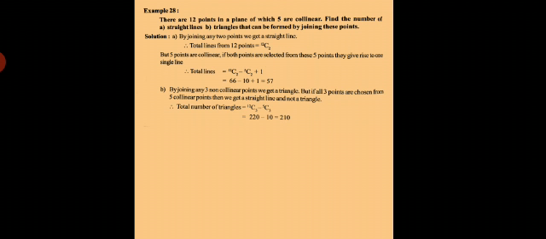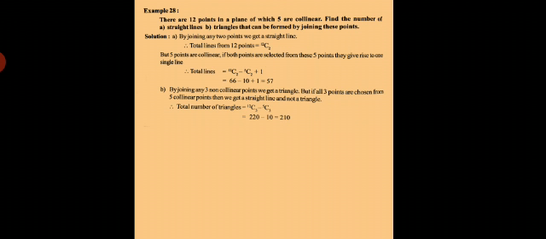So first one, they have asked us to find the straight lines from 12 points, in which 5 are collinear. So by joining any 2 points we get a straight line, that we know. Therefore out of 12 points, the ways that we can select are in 12C2 ways. But 5 points are collinear.